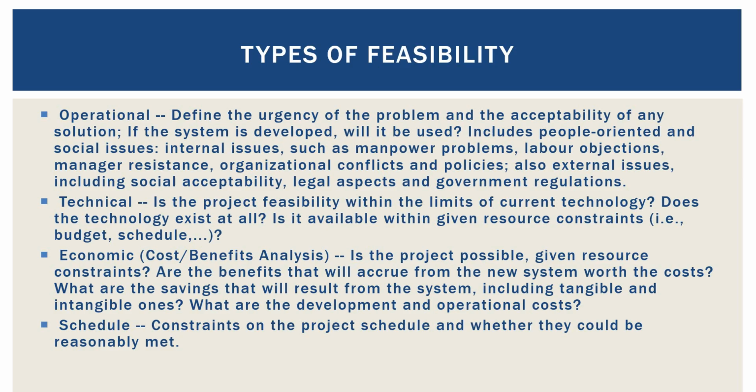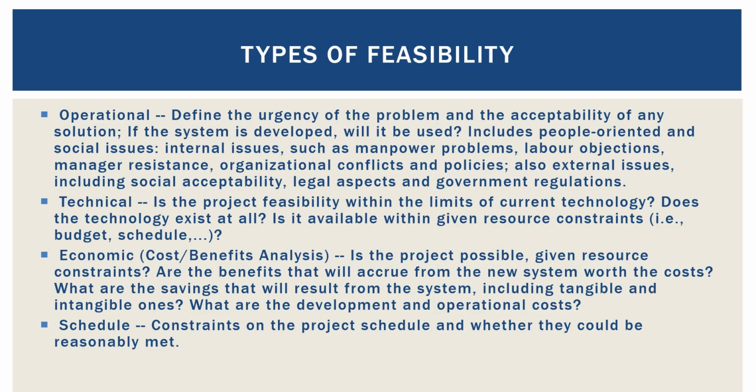Internal issues such as manpower problems, labor objections, manager resistance, organizational conflicts and policies. Also external issues, including social acceptability, legal aspects, and government regulations, are those parts that are concerned with operational.